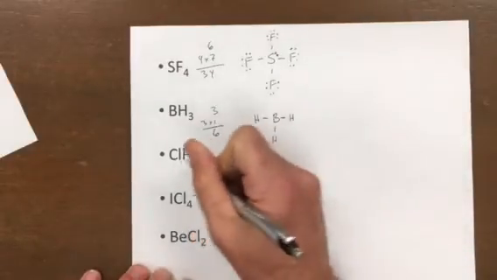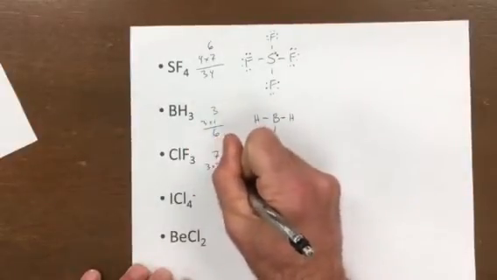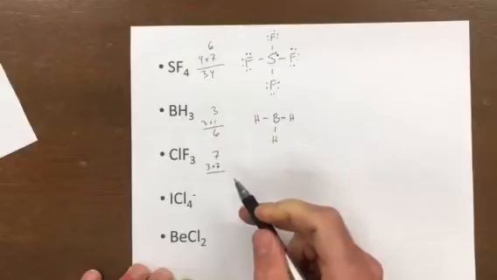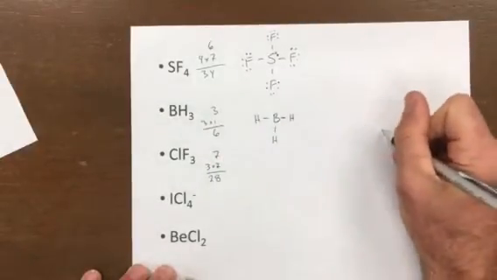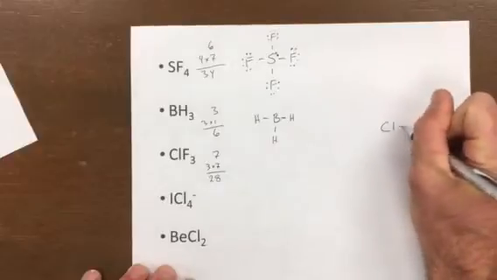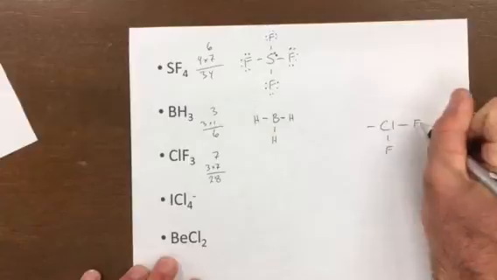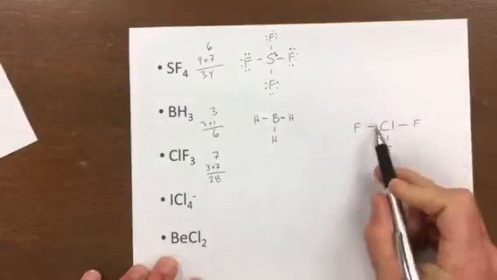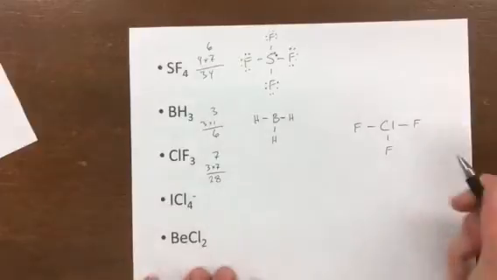ClF3. We have 7 valence electrons for the chlorine, and then we have 3 times 7 for the fluorines. So that's 28 electrons total. We've got the chlorine in the center, and then we have single bonds to the 3 fluorines. That's a total of 6 electrons. We need a total of 28.